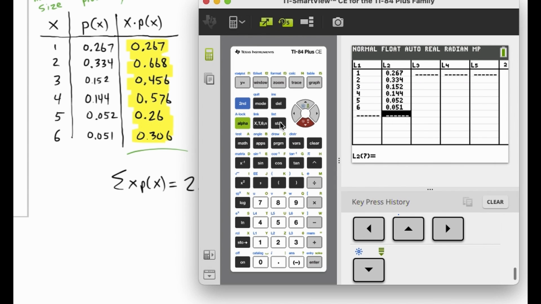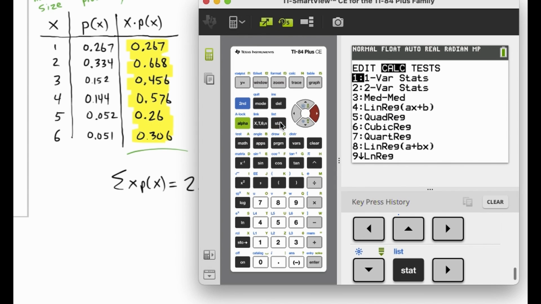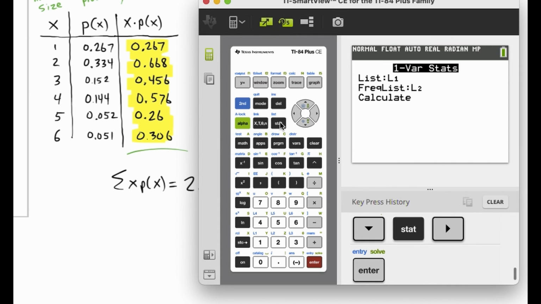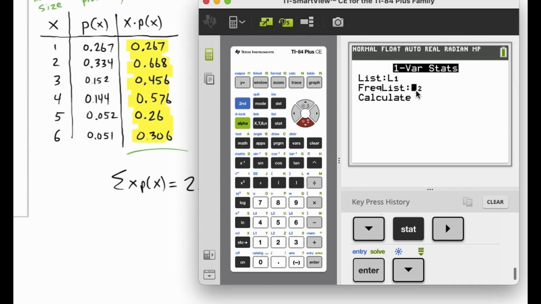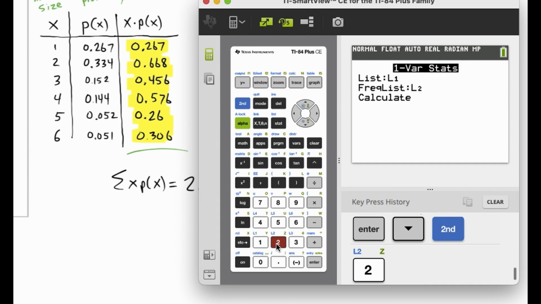Then we'll hit Stat again, go to Calc, and it's 1-Var Stats, so it's the first choice. You do want a frequency list, so put L2 as the frequency list if you don't have it already, just by hitting second L2 there.